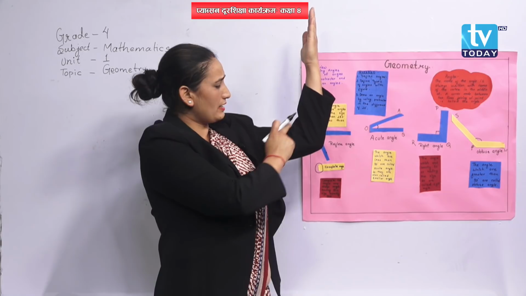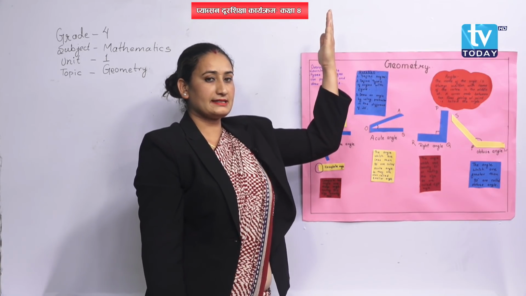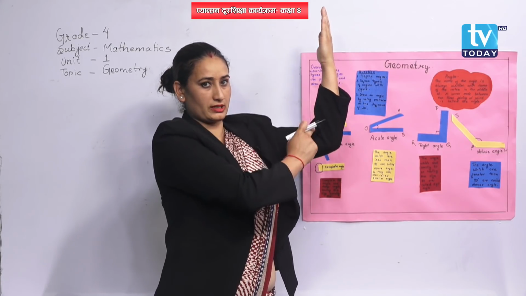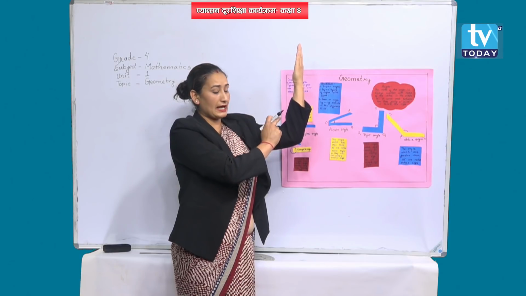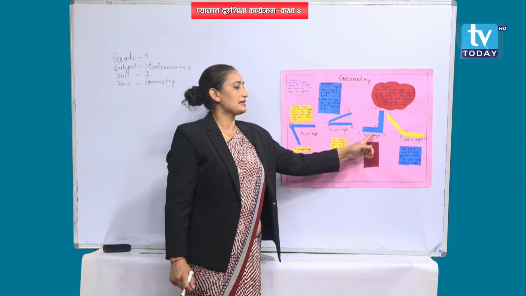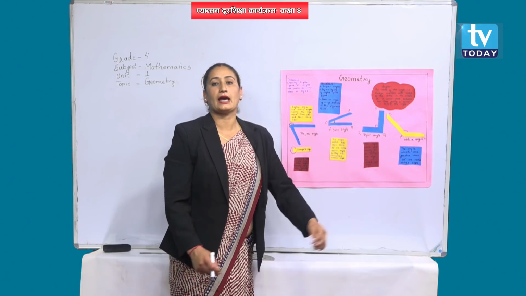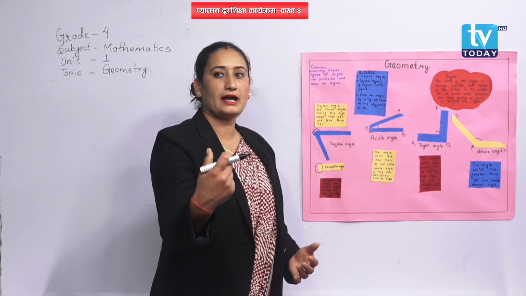Good. Do you notice which angle is formed? It's exactly from the middle, straight, straight. It seems like an L in shape, right? Yes, that L shape is known as the right angle. What do we call it? It's a right angle.